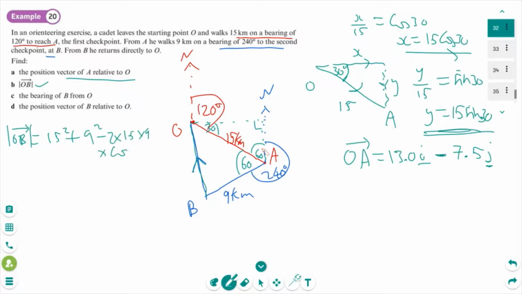Then you square root all that. That's the calculation. So you're going to end up square rooting 171, which is about 13.1 kilometers.